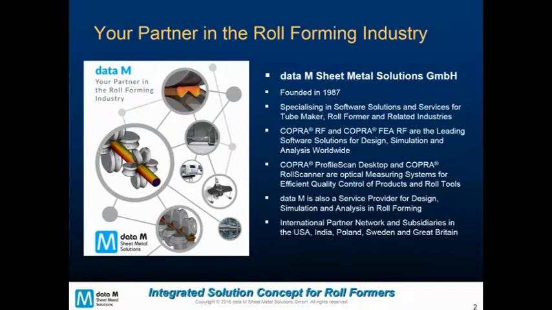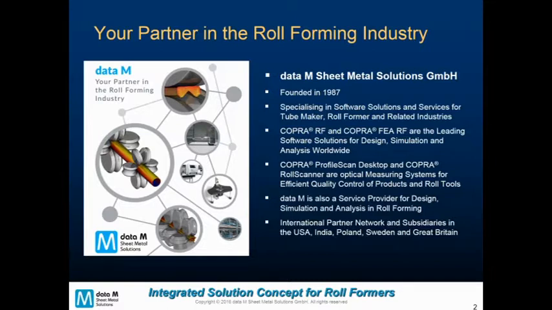So, your partner in the roll forming industry, Data M Sheet Metal Solutions, was founded in 1987. We're specialising in software solutions and services for tube makers, roll formers and the related industries. We have two leading software solutions, Copra RF and Copra FEA RF, for the design, simulation and analysis of roll form tooling, and these are used worldwide.